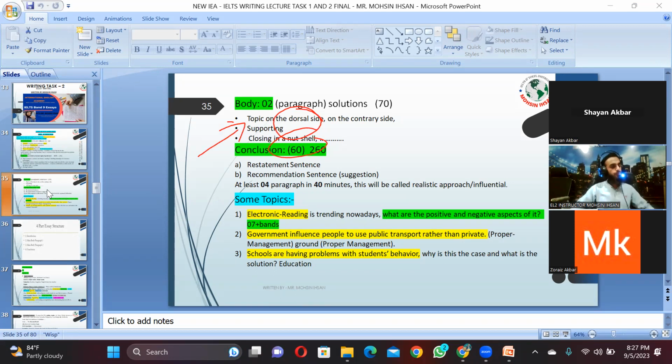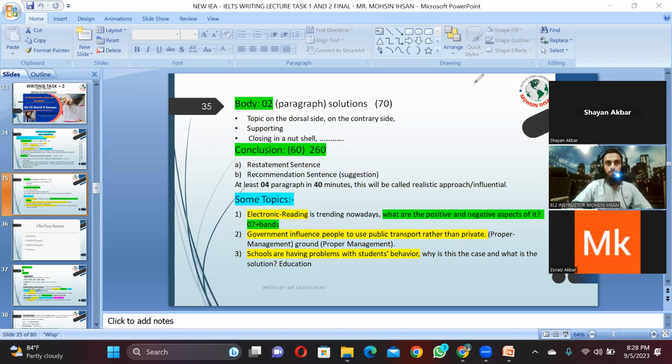Is it clear? Yes, sir, could you tell me how to close the disadvantages paragraph? Body two has the same structure, only the information is different. That is disadvantages. First, you discuss the other side, there are also some drawbacks. And then when you discuss that, you have to give some reasons.